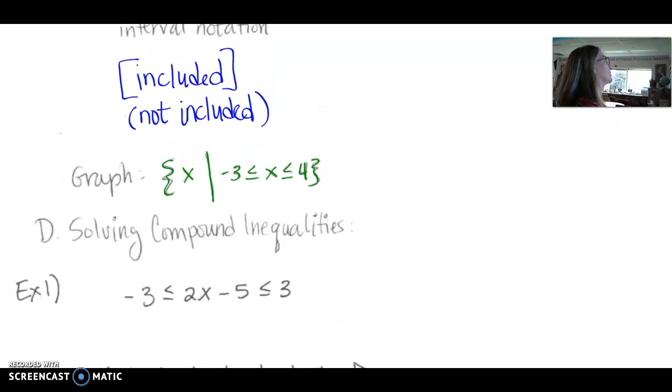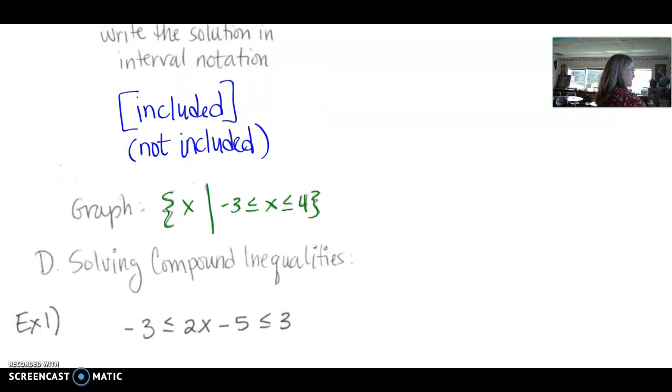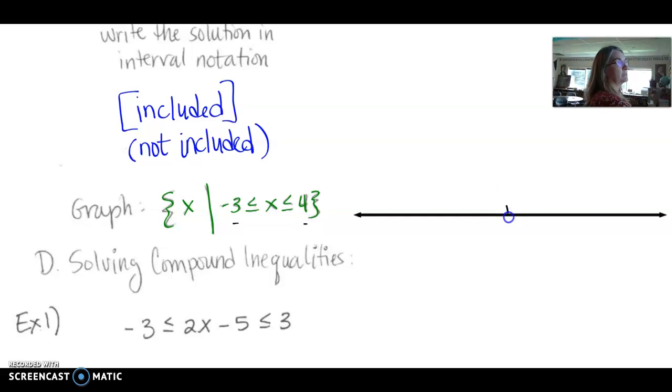So here, I'm going to go back up here because we're not to example 1 down there yet. So let me draw a number line here and throw some numbers on that number line. And I want the numbers -3 and 4 to show up. So I'm going to put 0 about in the middle.